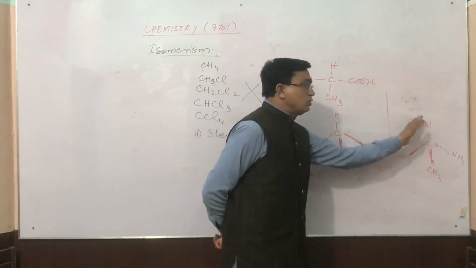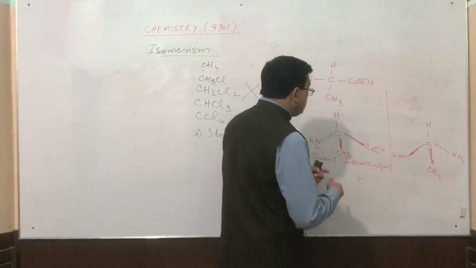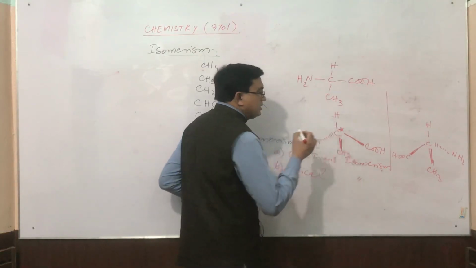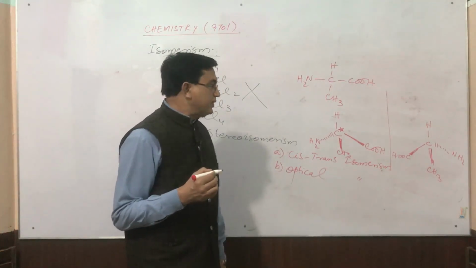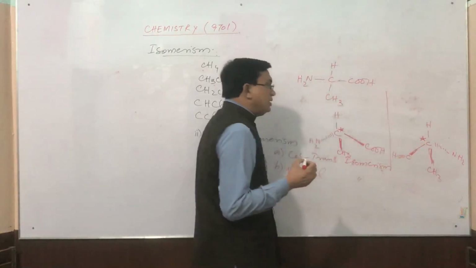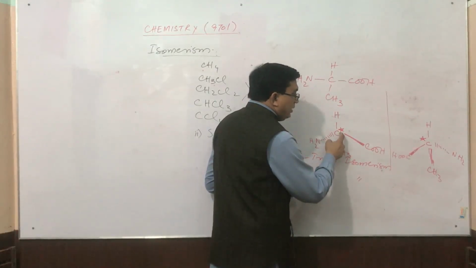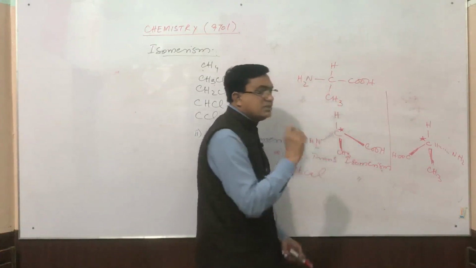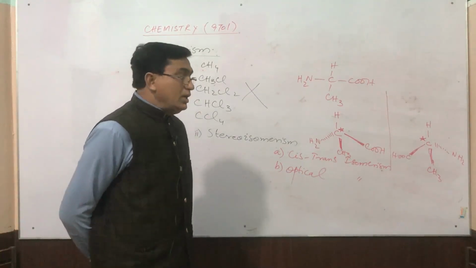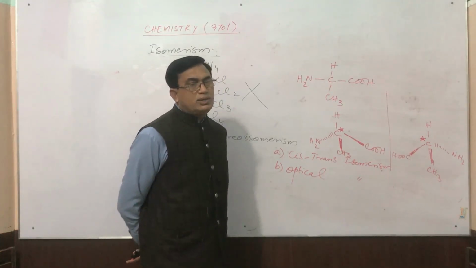Such isomers are called enantiomers, and in enantiomers the central carbon atom is represented with a star. This indicates a chiral center, and depending upon the chiral center we will have optical isomerism. Each chiral center will develop two optical isomers.